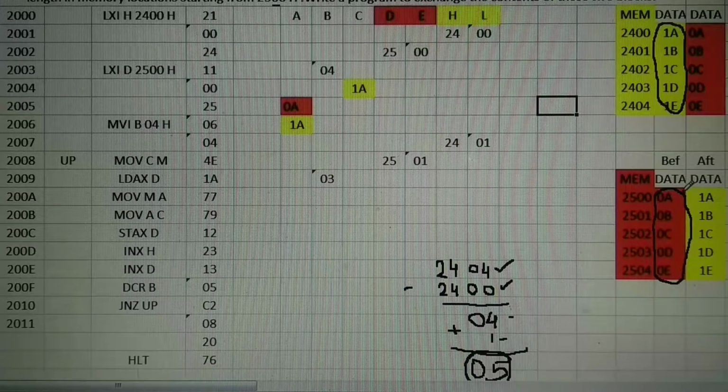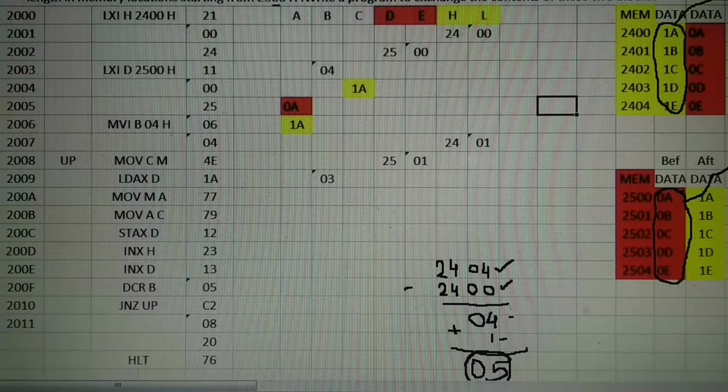When the program gets executed, the contents are to be exchanged. That means these numbers should come to the block which begins from 2500, and these numbers should be transferred to the block which begins from 2400. Mutual exchange you have to perform.